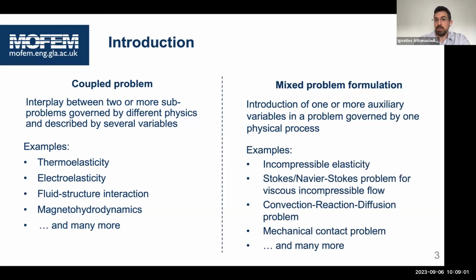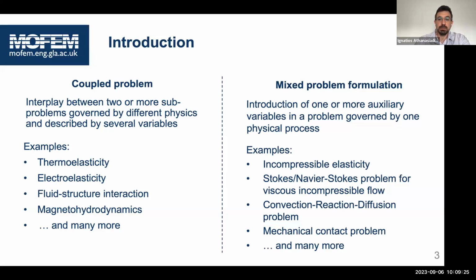Some examples can be incompressible elasticity, that's going to be presented in this lecture, Navier-Stokes equations, convection reaction diffusion, contact problems, and even the thermal problem can be described as a mixed problem, and that is going to be discussed later on by Andrei.